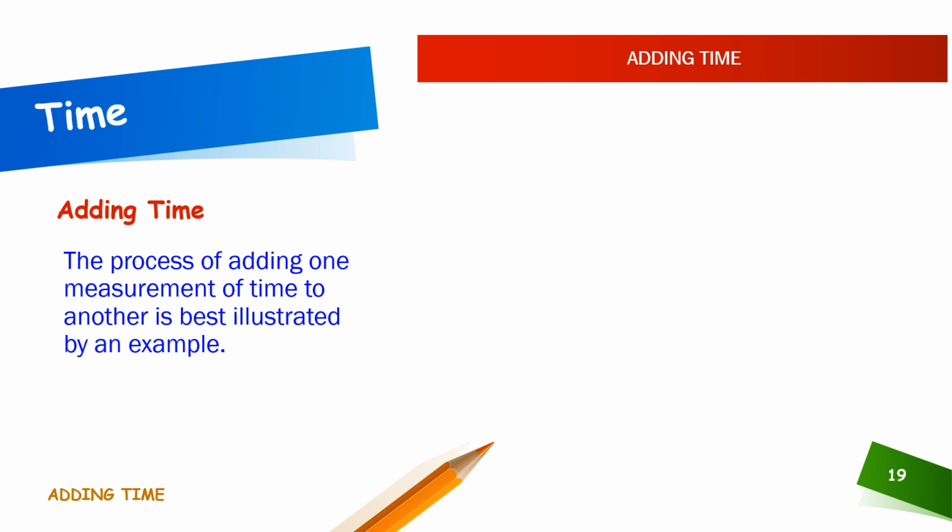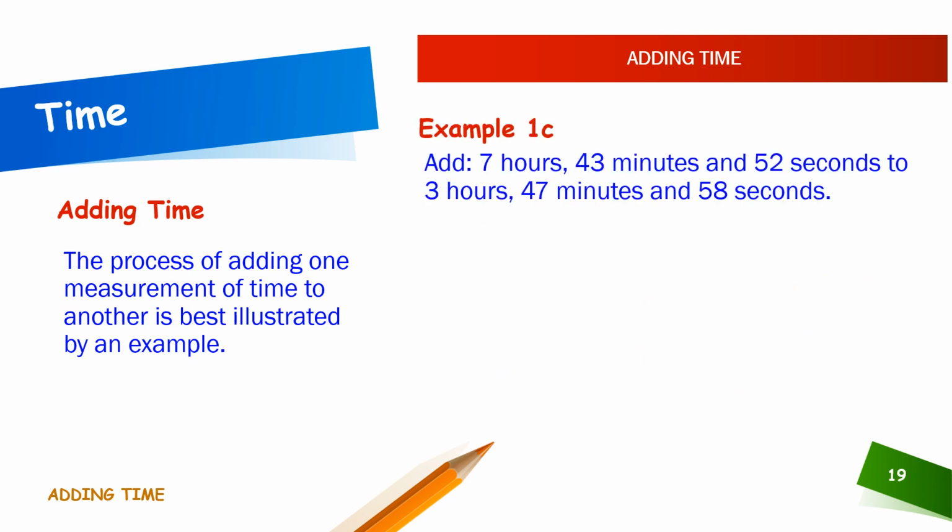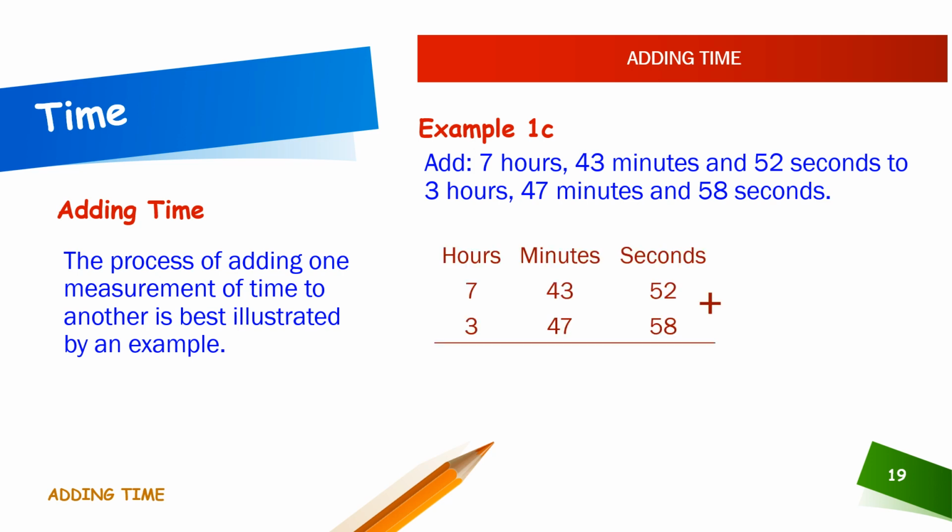We will now consider another example. This time we're going to add hours, minutes and seconds to hours, minutes and seconds. So consider this example. 7 hours, 43 minutes and 52 seconds are positioned in the table as shown, and 3 hours, 47 minutes and 58 seconds are positioned as shown.